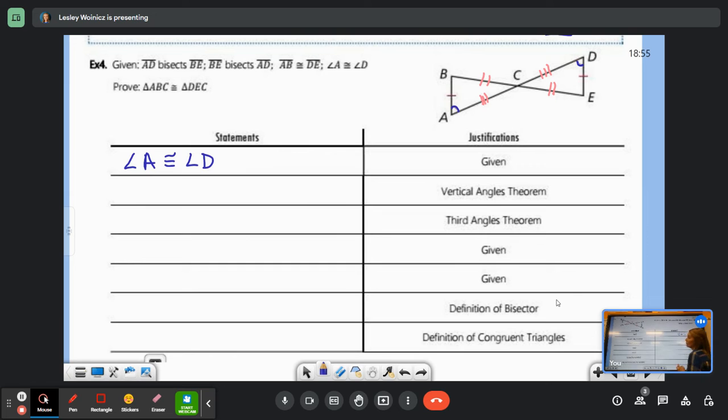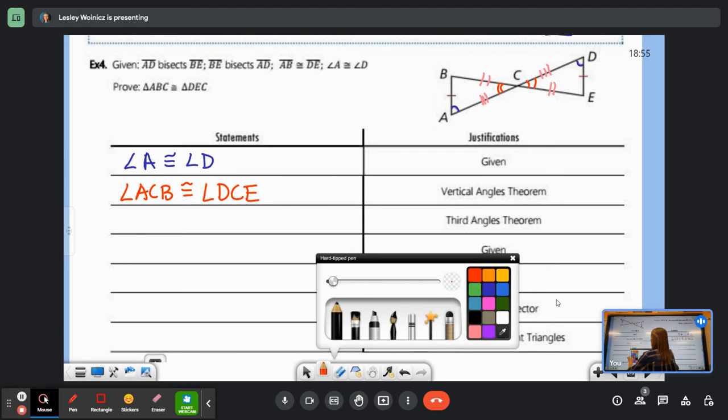All right, next, we have a pair of angles that we haven't talked about yet that are congruent because of the vertical angles theorem. Okay, that's these two. So I'm going to call that angle ACB congruent to, let me get them in the right order, angle DCE by the vertical angles theorem.